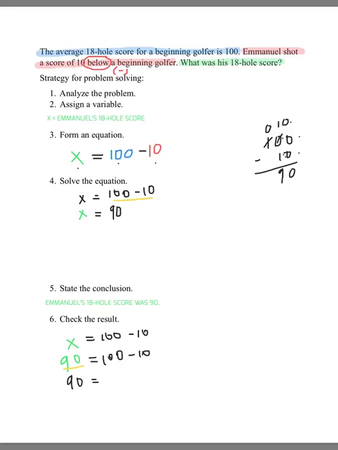And on the right-hand side, we're going to have to do 100 minus 10. Well, we already showed that to be equal to 90, so we're going to go ahead and bring that down. And then we always ask ourselves, is the left side equal to the right side? In this case, 90 is equal to 90, so our solution is correct.